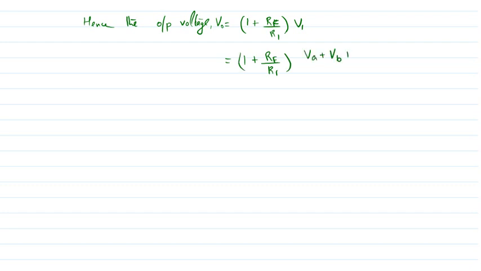The output voltage V0 will be equal to 1 plus Rf by R1, the gain of the circuit, multiplied by the voltage at the node V1, which is the input voltage. Here V1 will be (VA plus VB plus VC) divided by 3.